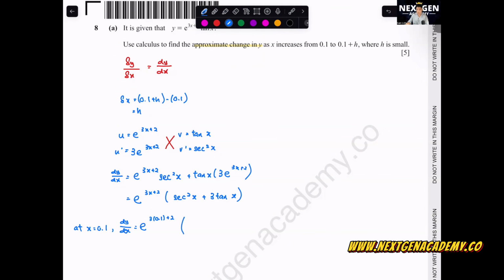How to write sec squared? It will be 1 over cos 0.1, the whole thing squared, plus 3 tan 0.1.